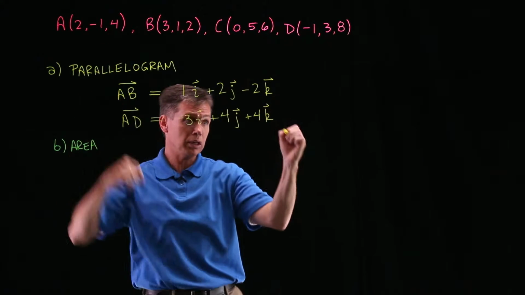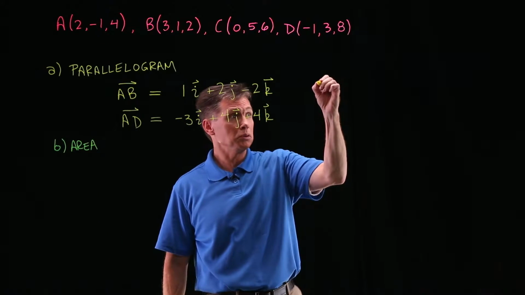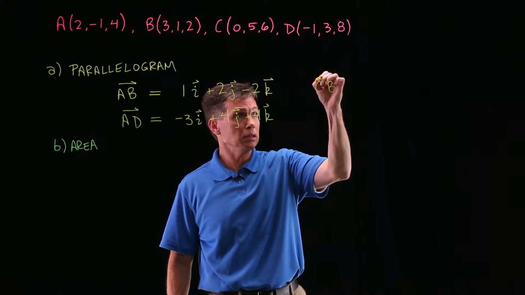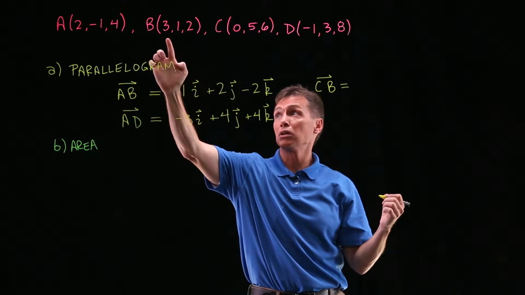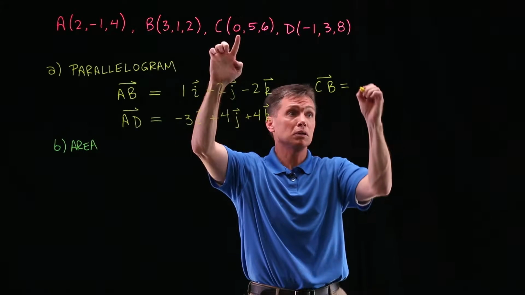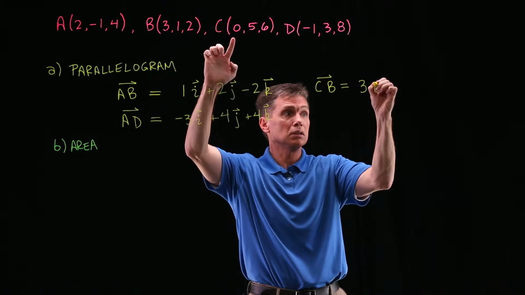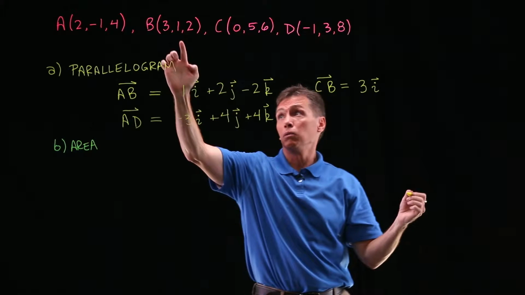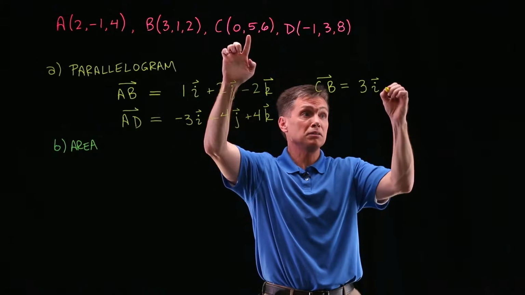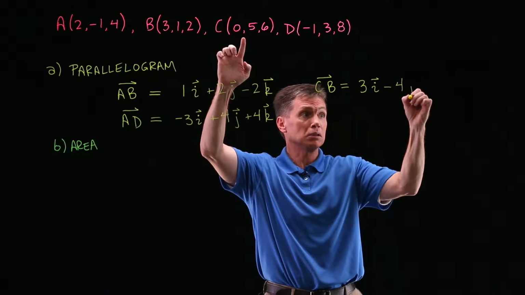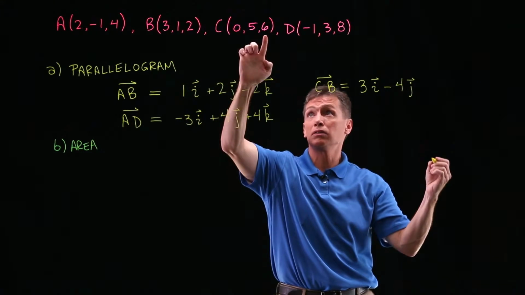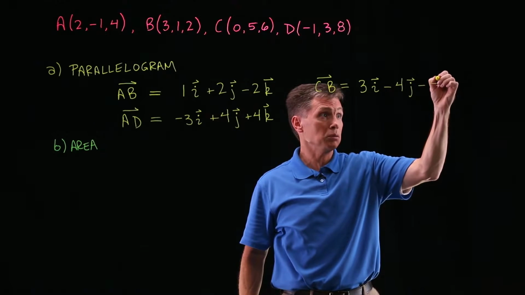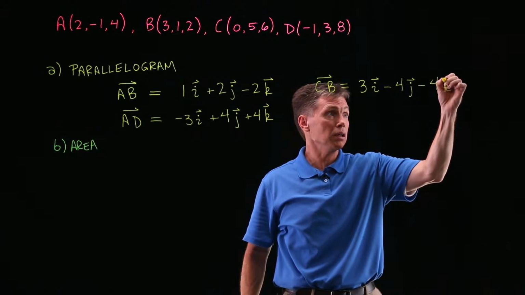All right, then I'm going to move to CB as a vector. My terminal point here is B, so I'm going to do 3, take away 0 is 3I. 1, subtract 5 will be -4J. And then 2, subtract 6, looks like that goes down to a minus 4K.